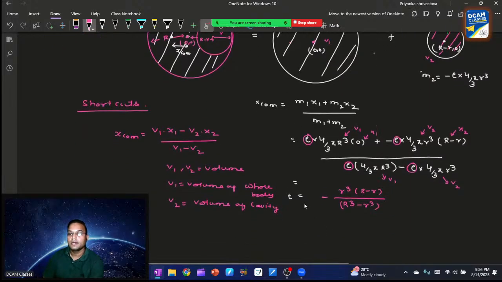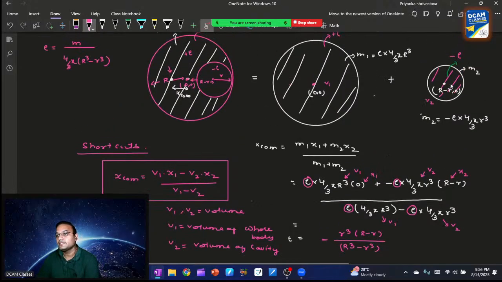Okay, this is the shorter result. This is the case when they have given a solid body in terms of volume. This is one shortcut you can use. In that case, you need not worry about the negative mass density and positive mass density. Just take the volumes, put in their center of mass values according to the system, and just subtract.